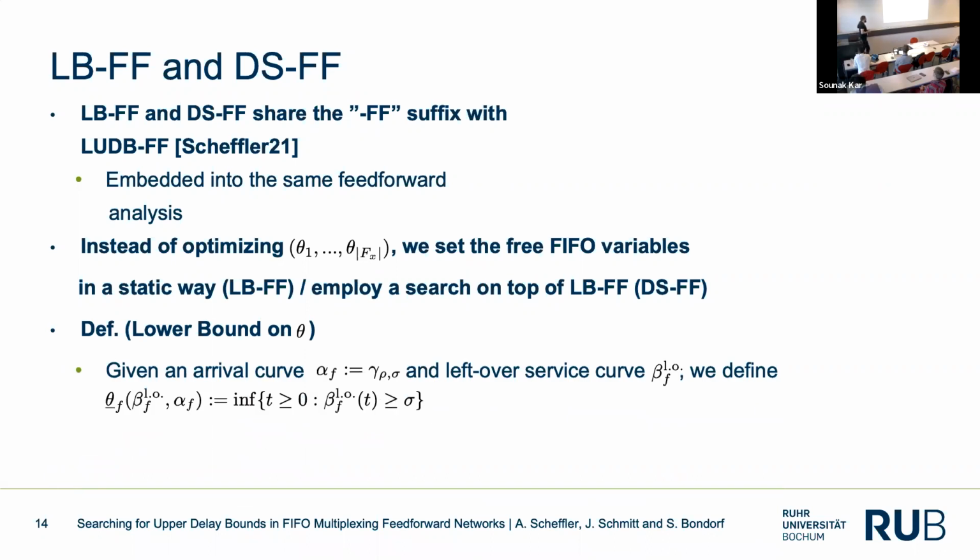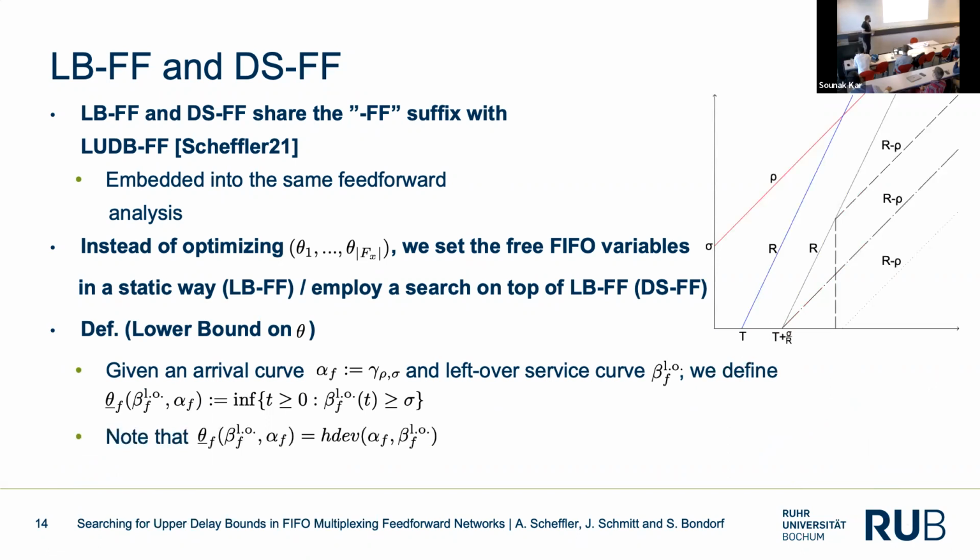This is the definition Alexander provided. He calls it lower bound on the thetas, which is defined as that, which is basically the horizontal deviation. So we're looking for a good starting point for the thetas, and not only starting by setting them all to 0 or something trivial. As we will delay bound in the end, for every part in this nesting tree, we just set the theta parameter according to what the delay bound would look like for the flow that defines the subtraction.